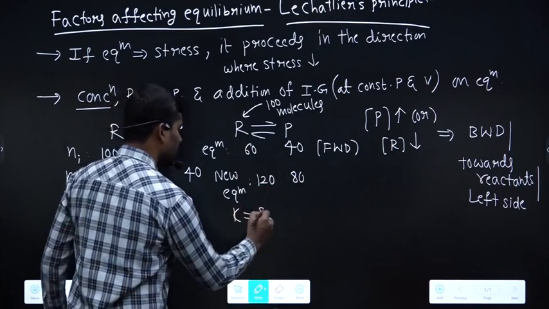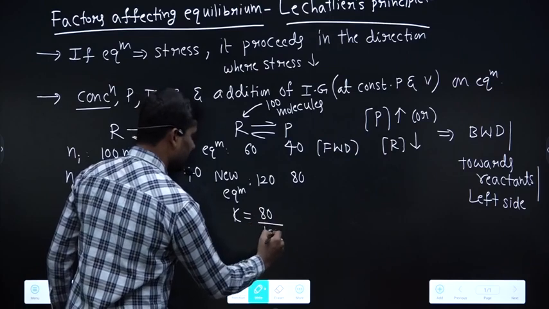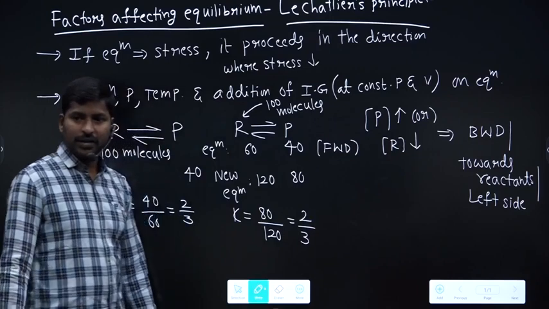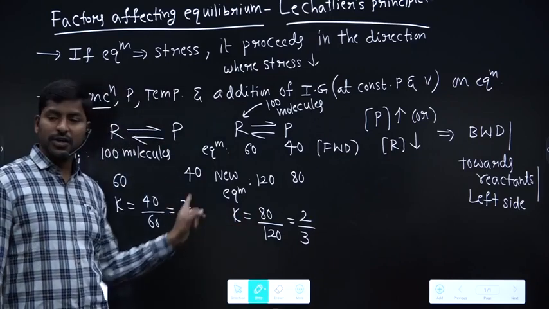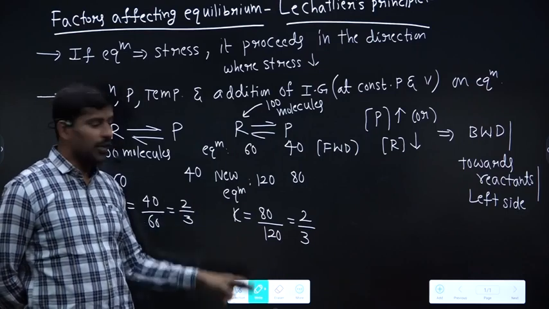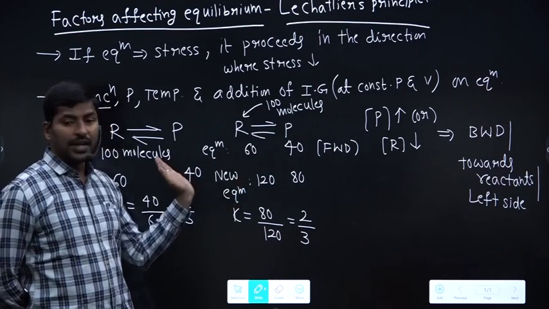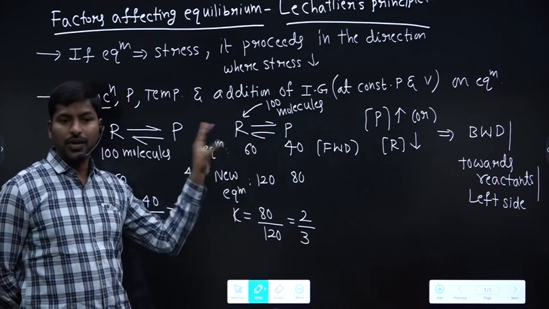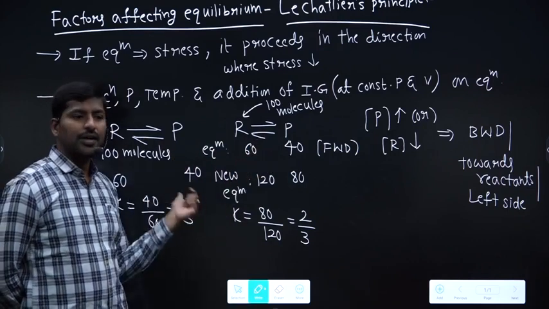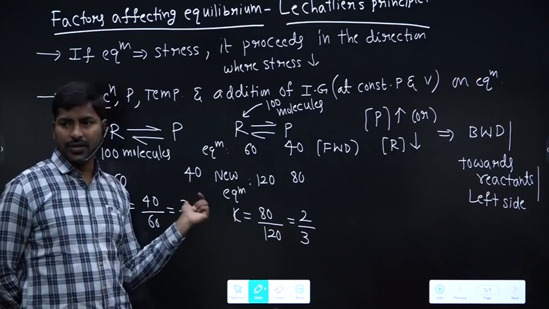Therefore now the equilibrium constant is product concentration by reactant concentration, so 80 by 120, which is 2 by 3. Now is there any change in the equilibrium constant value or no change? No change in the equilibrium constant value, but what happens to the direction of equilibrium? It changed. So only the direction of equilibrium changes, but the equilibrium constant is not affected by changing the concentration.